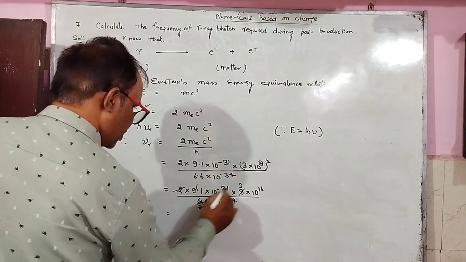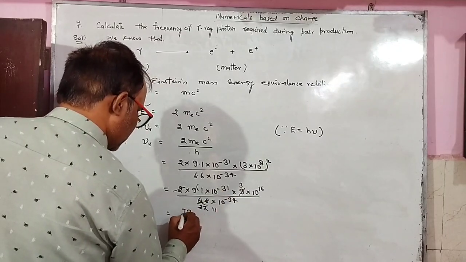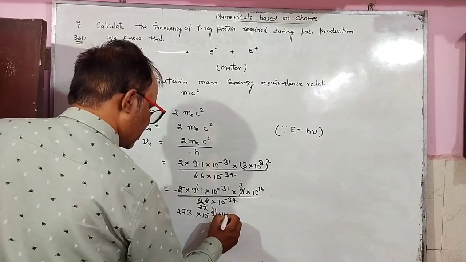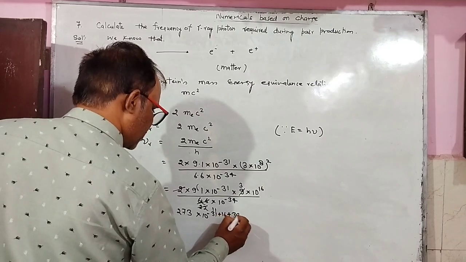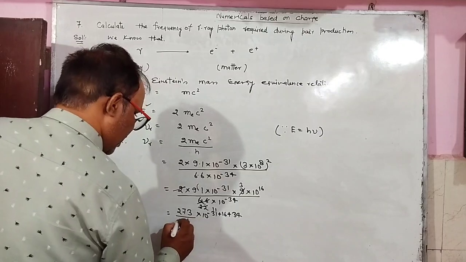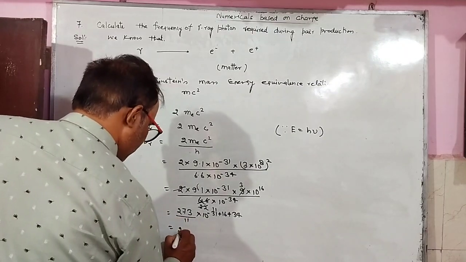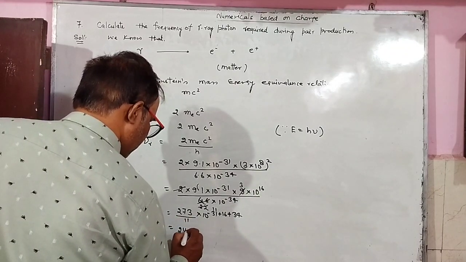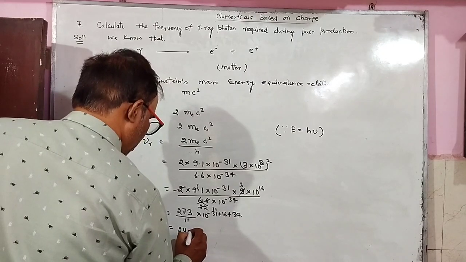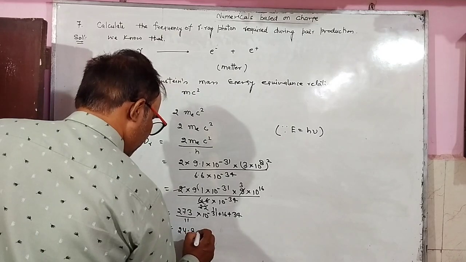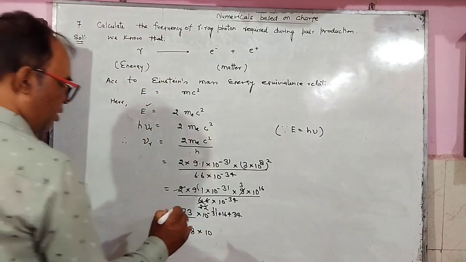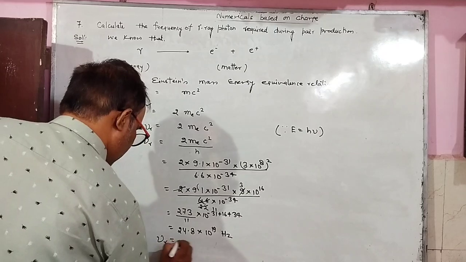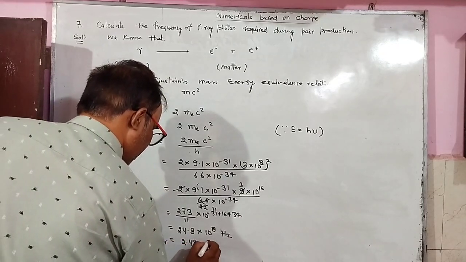Now this gives 3 1 ja 3 and this is 273 into 10 to the power minus 31 plus 16 plus 34 upon 11 equal to 11 2 ja 22 and 11 4 ja 44, 11 8 ja 88 into 10 to the power 19 hertz, can further be written as nu gamma equal to 2.48 into 10 to the power 20 hertz.